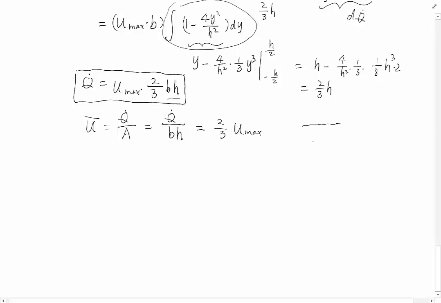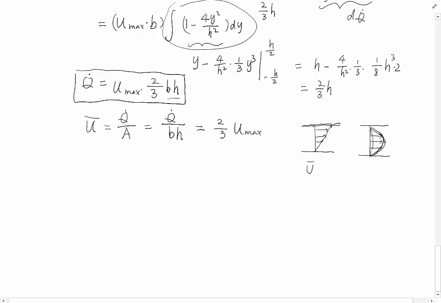For example, if we want to figure out the average velocity of a linear velocity profile versus this parabolic velocity profile, and we both use the maximum velocity as the reference, obviously this parabolic velocity profile is going to give us higher average.